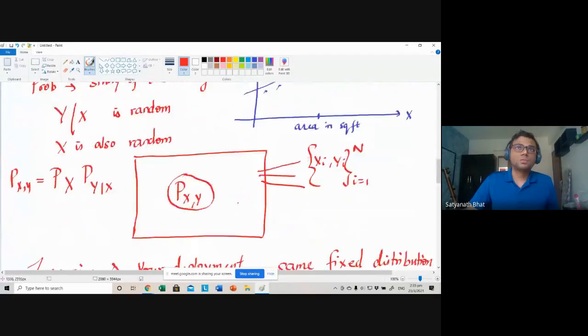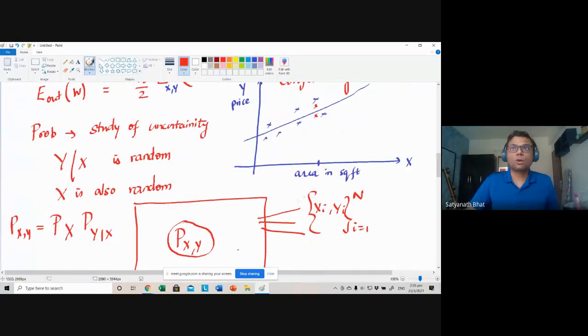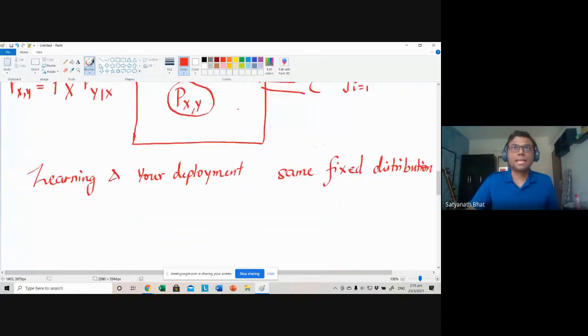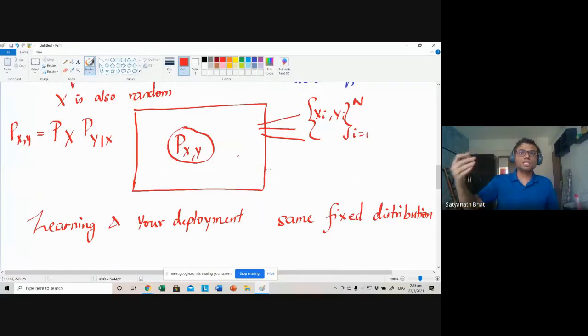So it's very important that the same model that you learn should be used in a scenario in the same problem domain, which is that they come from the same underlying distribution. All right, I hope this point is clear.